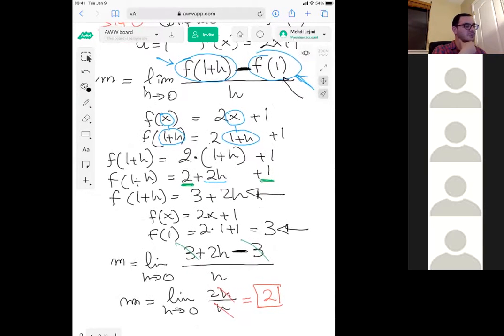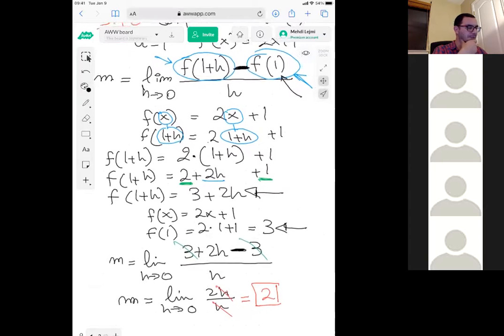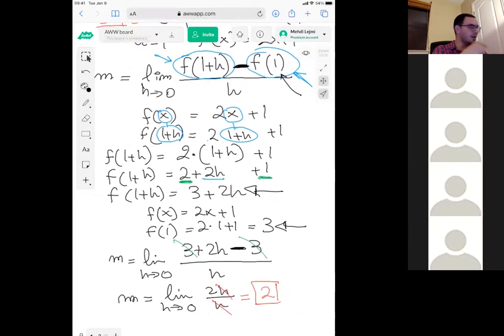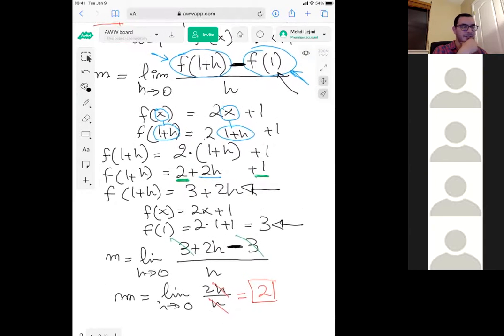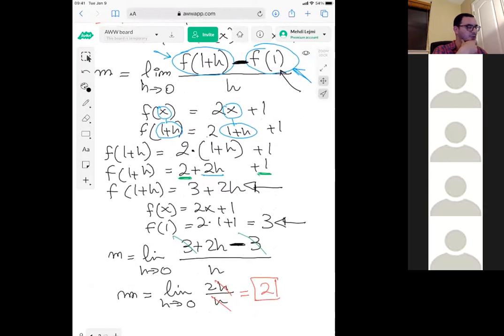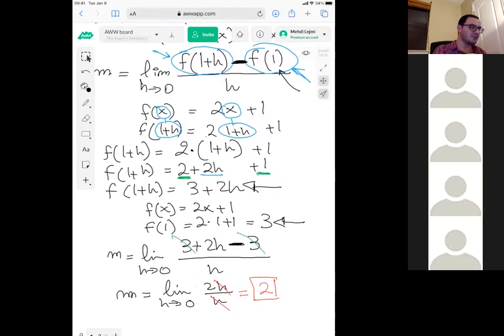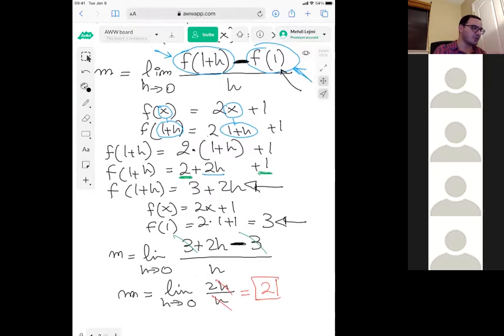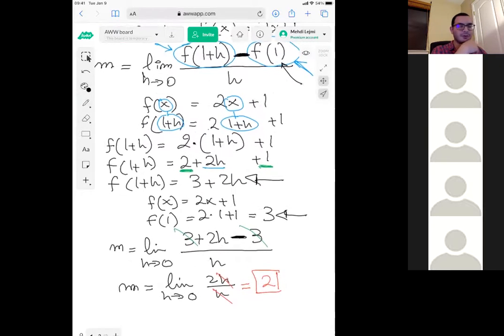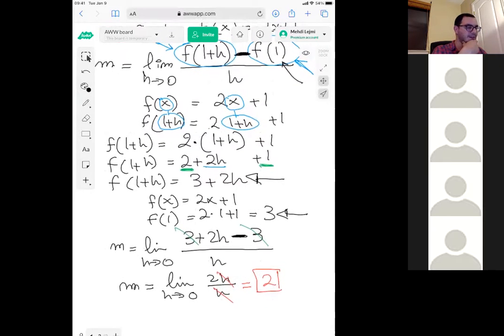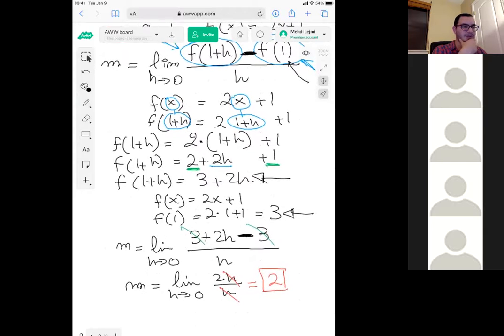In some cases, in the next example, you have to distinguish between the case h going to 0 plus and h going to 0 minus. So probably you can have two different limits. So then the m do not exist.